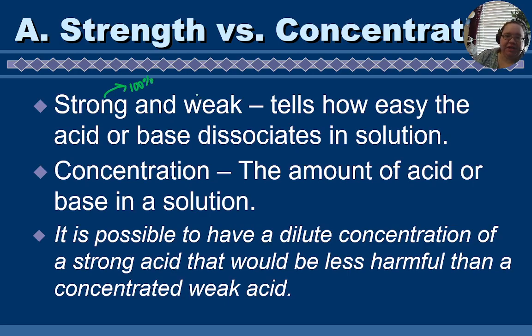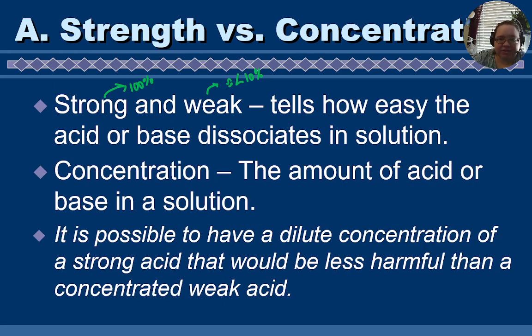That means when I put it into the water, it's going to form 100% of the possible ions. Weak acids or weak bases ionize considerably less than 100%. Typically, they're even less than like 10%. Some of them only form like 0.1% of the ions.